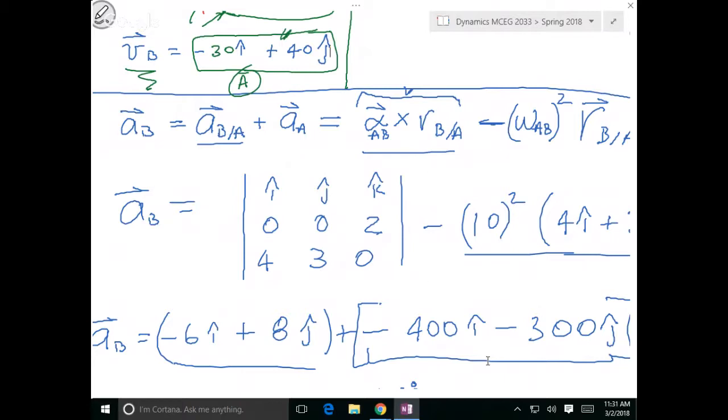Minus 6 times 400 and 8 times minus 300. Well, minus 6 times 400 is minus 2400, I think. Minus and a minus, I get a plus. Plus 8 times minus 300 is a negative 2400 again. They knock each other out.